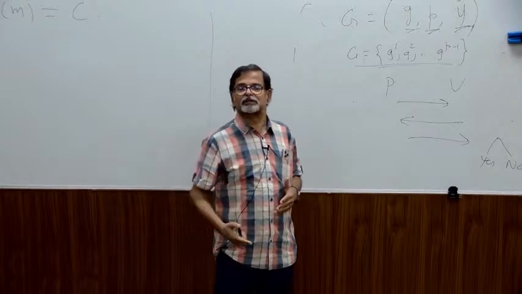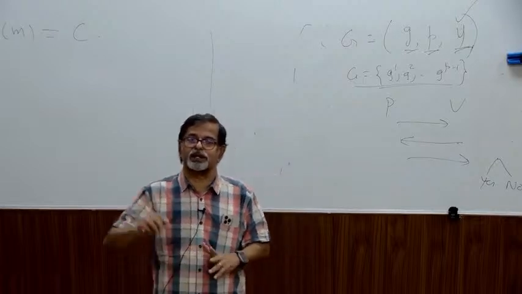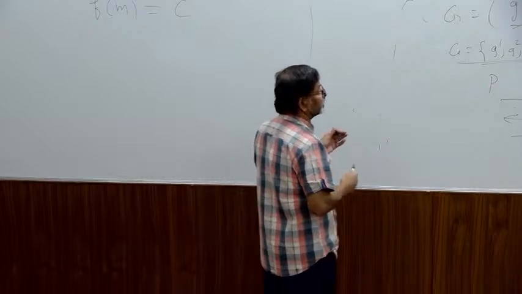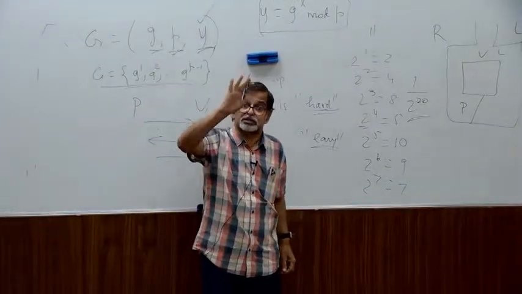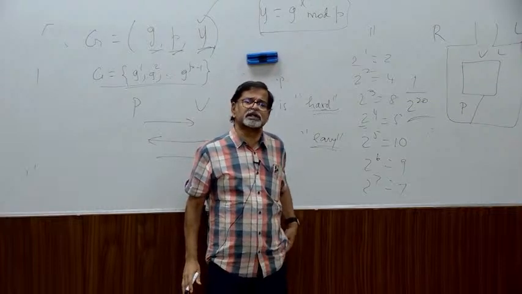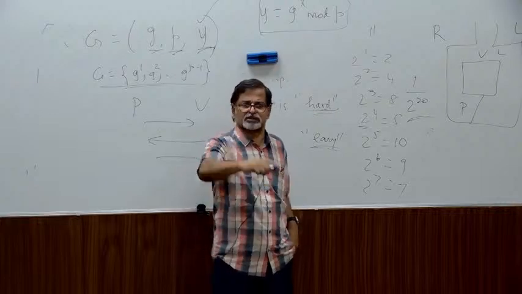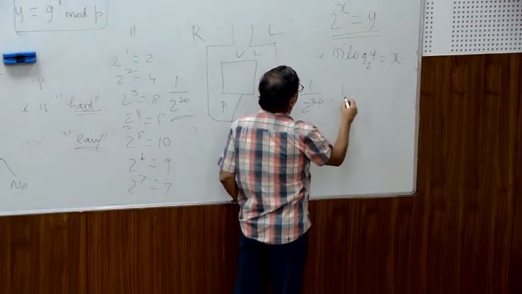A protocol is going to verify whether the person is genuine or not, and it is going to work with overwhelming probability. So, like computational feasibility in randomness, high probability events are sure events, and low probability events are never going to occur. So, the limit is something like this: 1 by 2 power 30, 1 by 2 power 40.